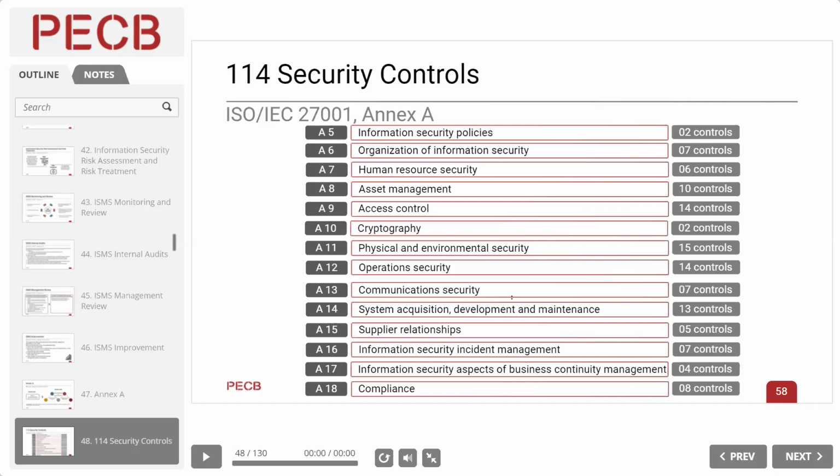Then we have information security incident management. How do we manage incidents that crop up? What is the response procedure? Another very important aspect of information security management. In fact, it's the key measure to indicate the effectiveness of your whole ISMS.